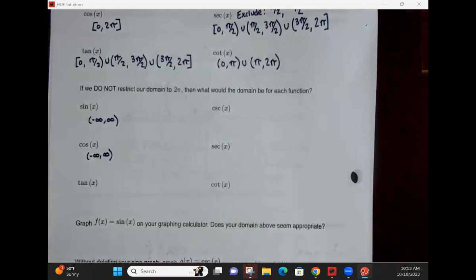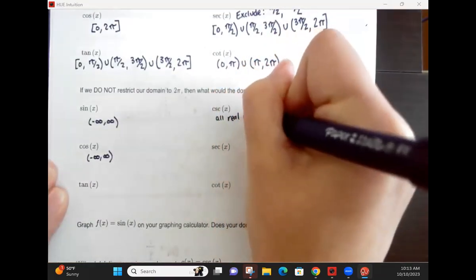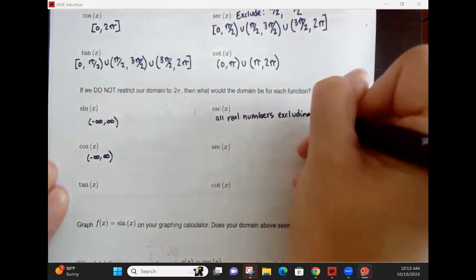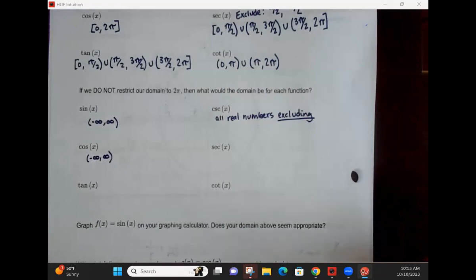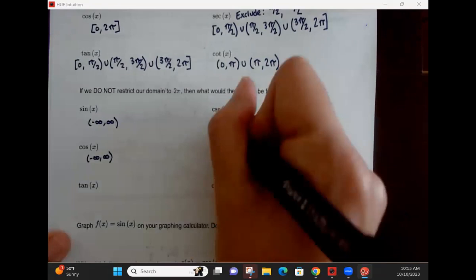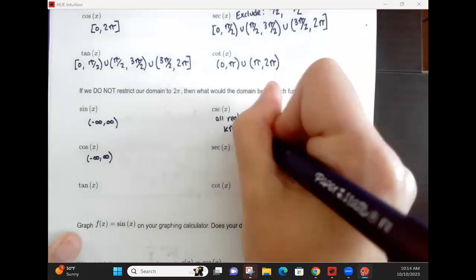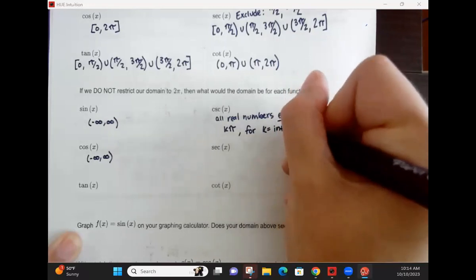So for cosecant, we would say all real numbers excluding 0, pi, 2 pi, negative 2 pi, 3 pi, negative 3 pi, 4 pi, negative 4 pi. So we can write that as k pi for k integers.